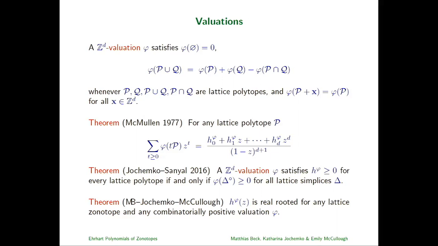valuations that are invariant under Z^d. This is just lattice translations. They characterized valuations for which this H star vector is non-negative.